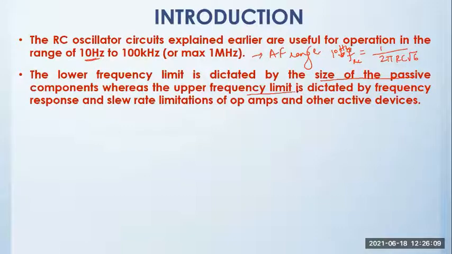Okay. This lower frequency limit is dictated by the size of the passive components, whereas the upper frequency limit is dictated by the frequency response and slew rate limitations of the active devices. What do you mean by this? You use active devices like FET, BJT or op-amp for the amplifier circuit. You're going to realize an amplifier and a feedback circuit.